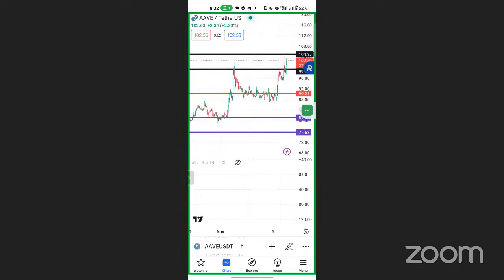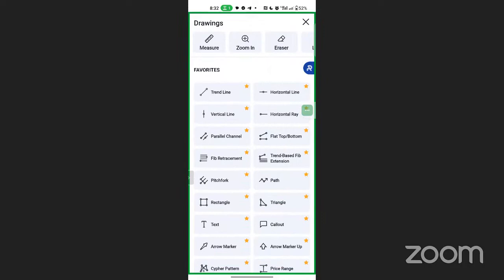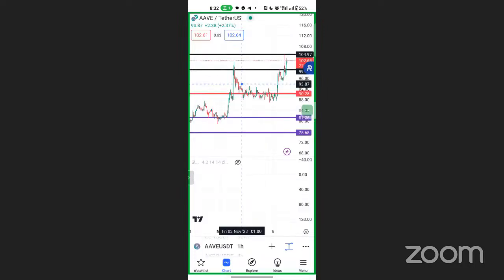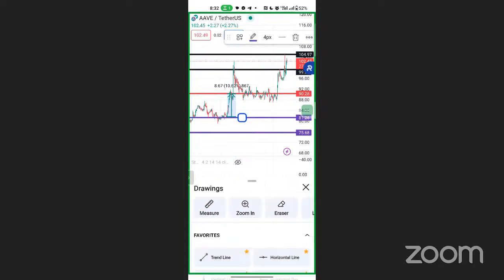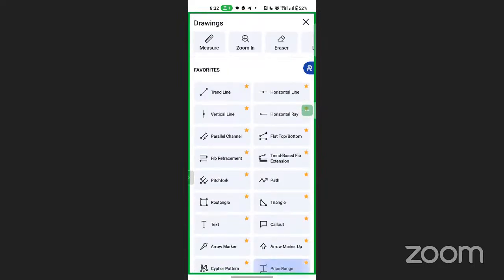Can you see how powerful the market moved, ladies and gentlemen? Let me pick the price range. See how it moved from support 1 to pivot here. Do you see how powerful? When it closed above the pivot, it moved.